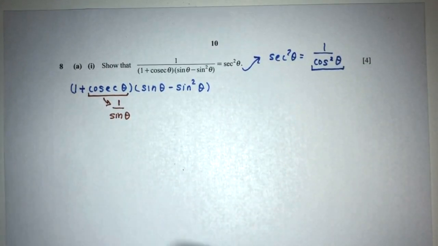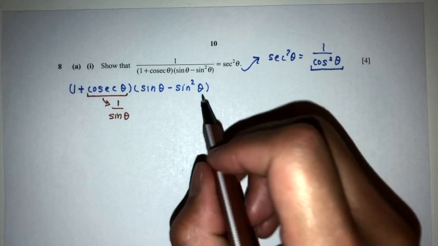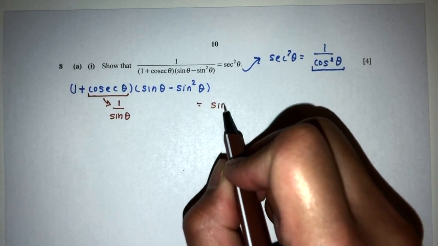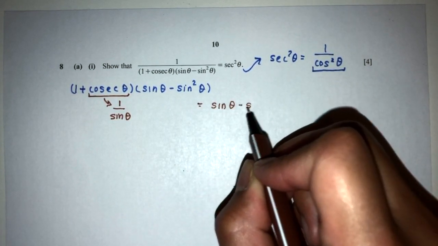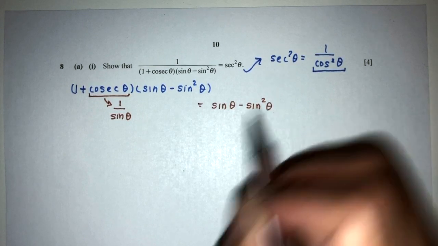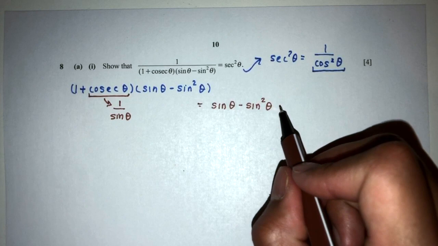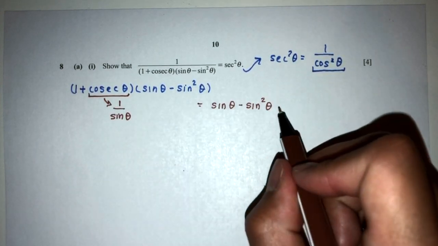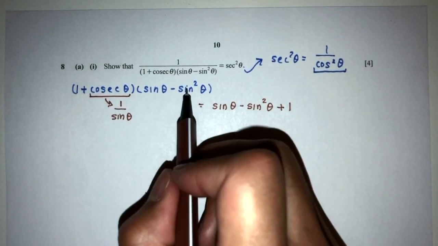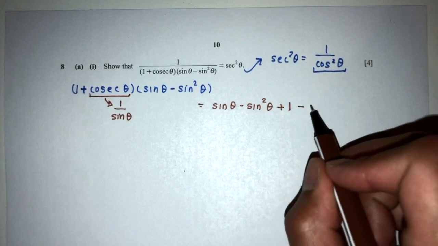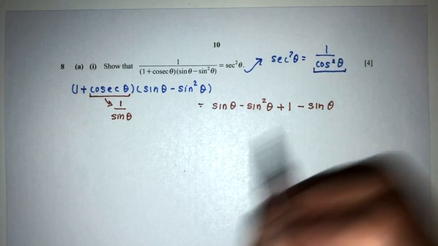Now let's expand the brackets. Here we have 1 multiplied by this, you will get sine theta minus sine square theta. Then this multiplied by this will give you, this will cancel out, plus 1, and then this will be minus sine theta.